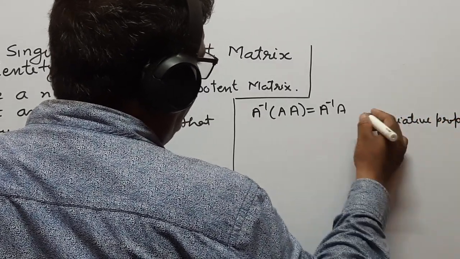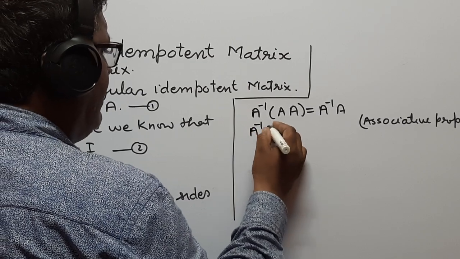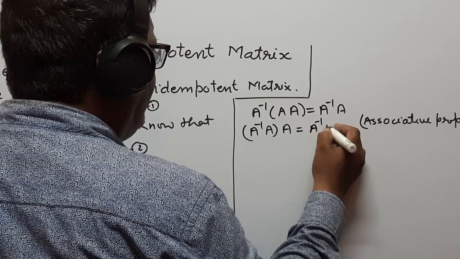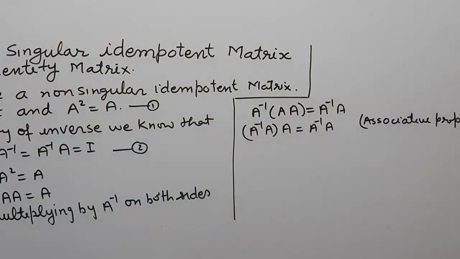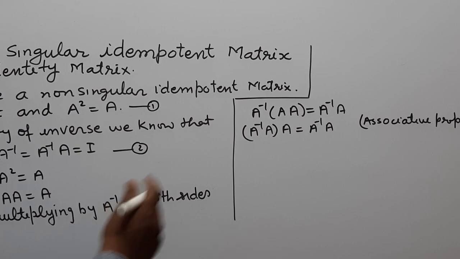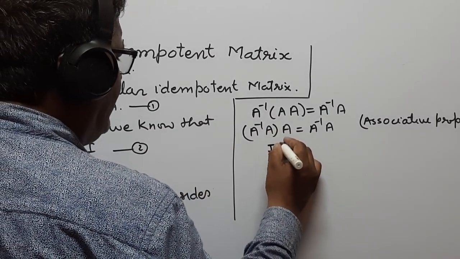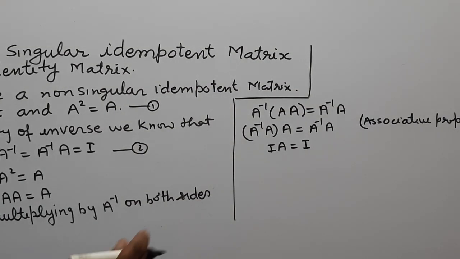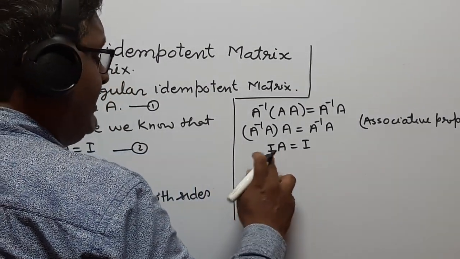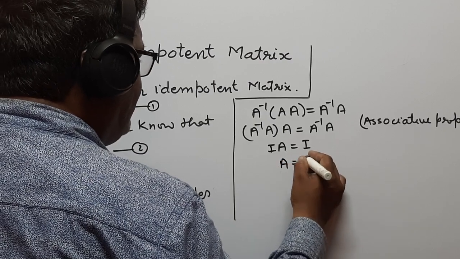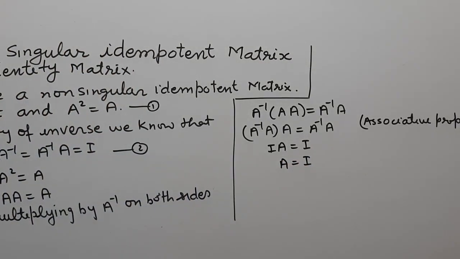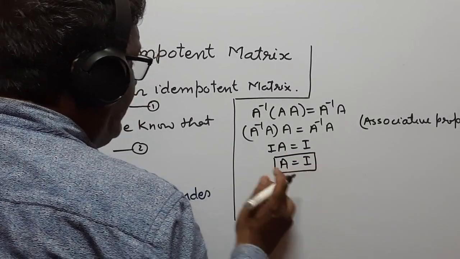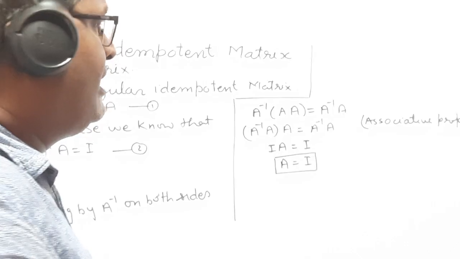So by associative property we can write A inverse A within bracket into A is equal to A inverse A. And also we know that from the second equation A inverse A is equal to the identity matrix. So I A is equal to I here. When we multiply A matrix by the identity matrix, this gives A matrix, so A is equal to I. This shows that if A is a non-singular idempotent matrix, then it is an identity matrix.